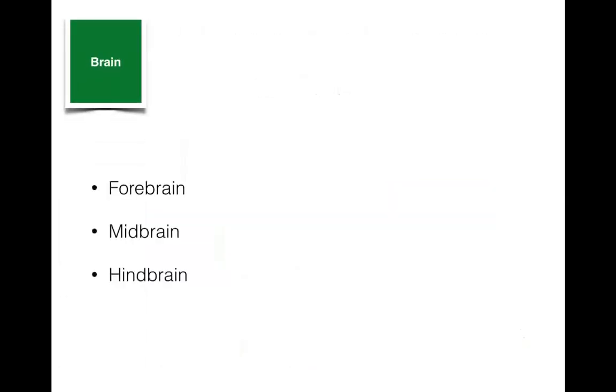Let's start first with the brain. In general, the brain can be divided into three main parts: the forebrain, the midbrain, and the hindbrain. The forebrain includes the cerebral cortex and a mass of gray matter embedded within the white matter, which is referred to as the diencephalon.